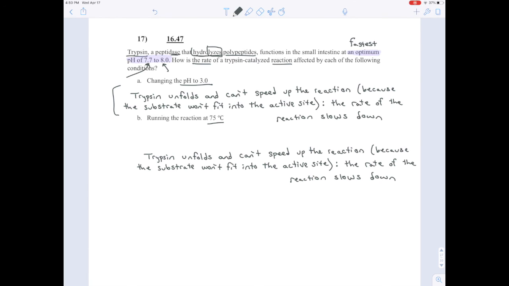And likewise, if you made a really, really low temperature, then the reaction might also happen more slowly because trypsin is crafted to function at the temperature of the small intestine, which is around 36 degrees Celsius, which is 97 degrees Fahrenheit.